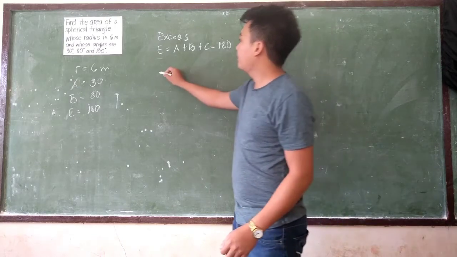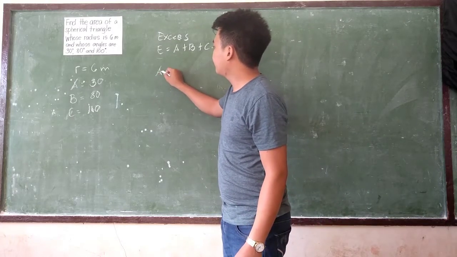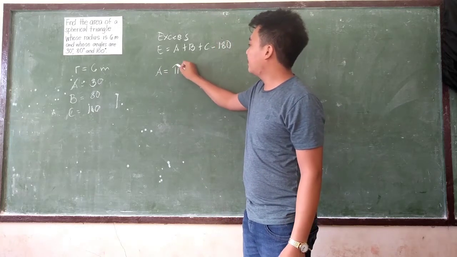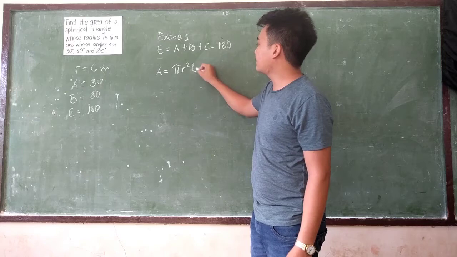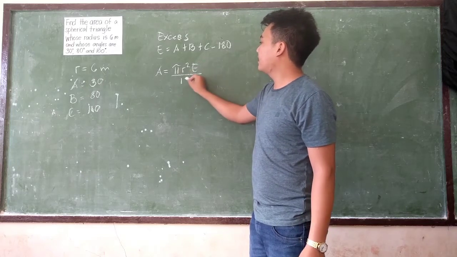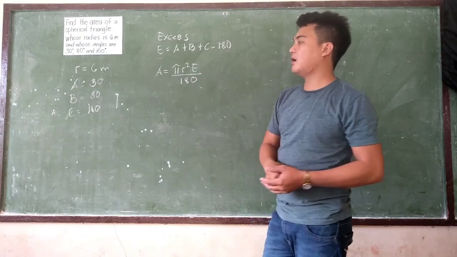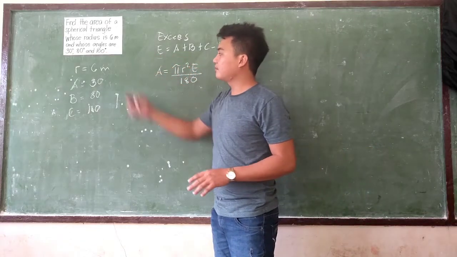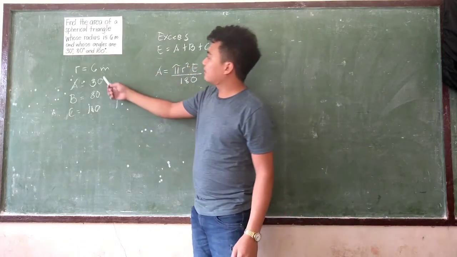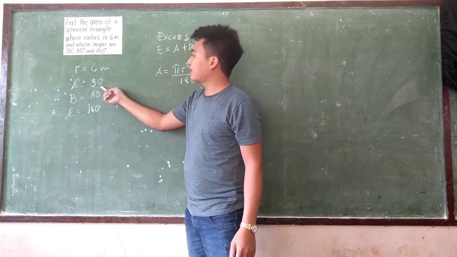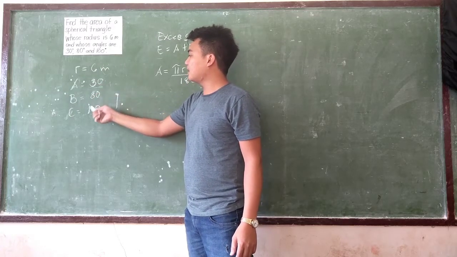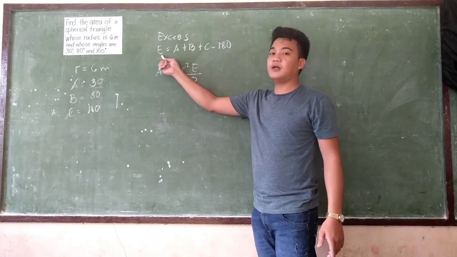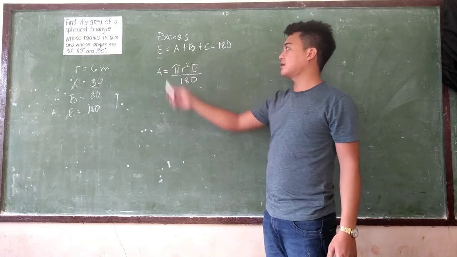And then for the area, that is pi r squared times E over 180. So if you look at the problem, the angles are already given, so the 30, 80, and 100. So we can solve for the spherical excess.